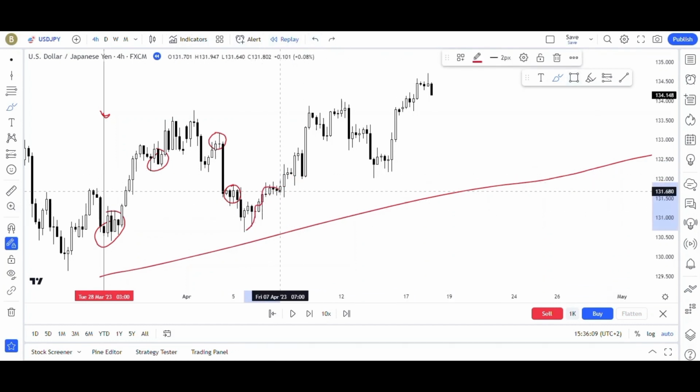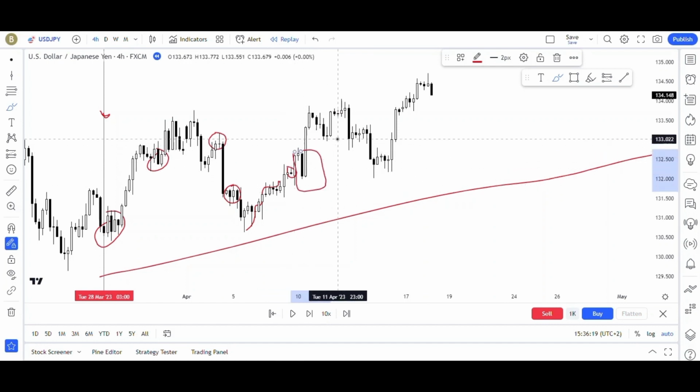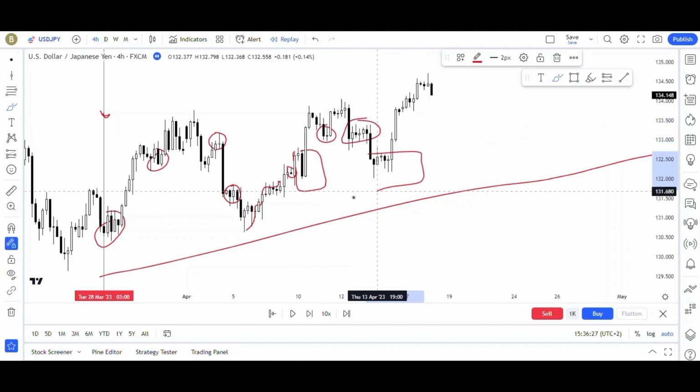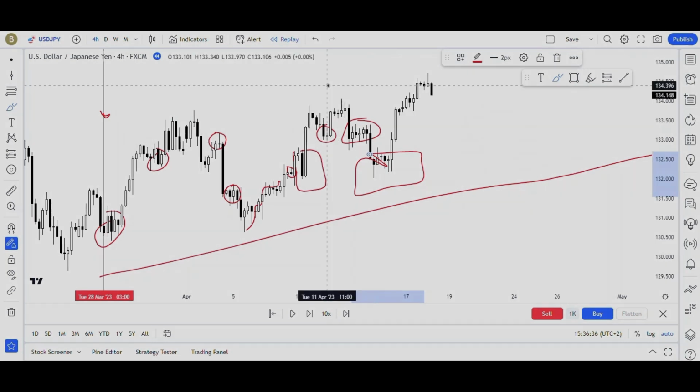I think you are not going to draw this one, but you are going to draw this one. I'm not drawing it, I'm assuming that you are drawing it. So you will draw this order block here, this one here, and this one here. I have already told you that I think this is an order block, so I think you will draw this one as well. Now let me clean the mess and come back to you.